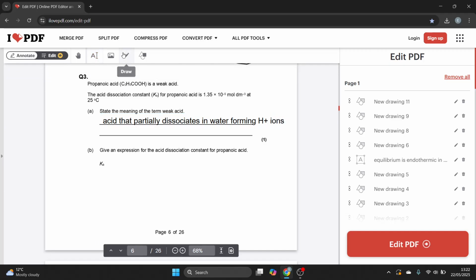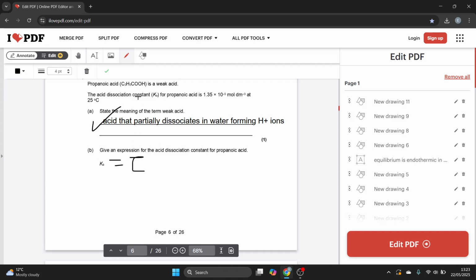Give an expression for the acid dissociation constant for propanoic acid. Oh, that's a memorization question. I'm going to say this is a memorization question as well, because you need to know how to express it.